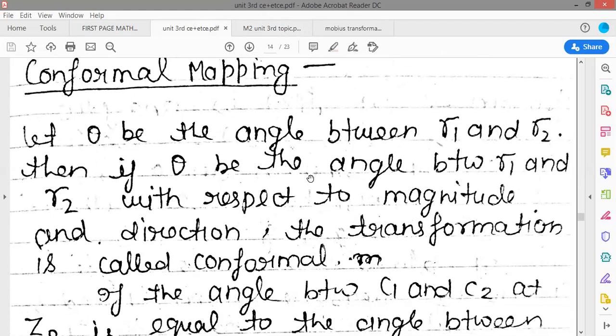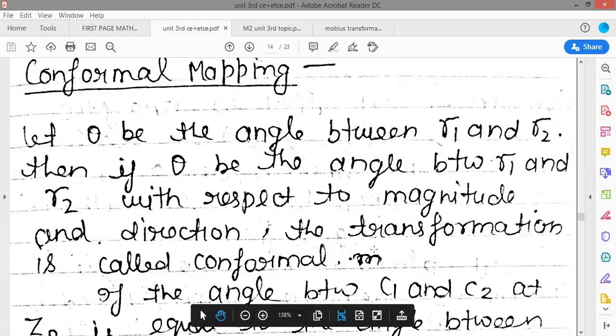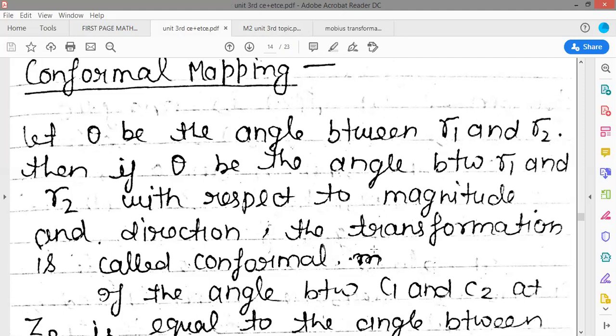So theta be the angle between two curves, gamma 1 and gamma 2. If theta be the angle with respect to magnitude and direction between gamma 1 and gamma 2, the transformation is called conformal. That means let two curves gamma 1 and gamma 2 be in the z plane. First of all, mapping means you are just changing your plane.